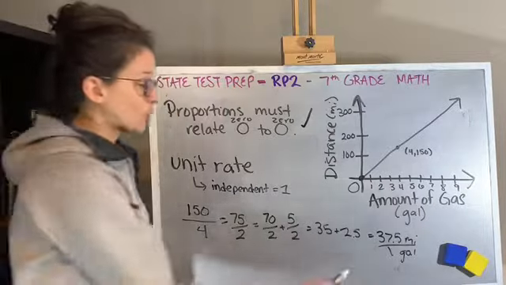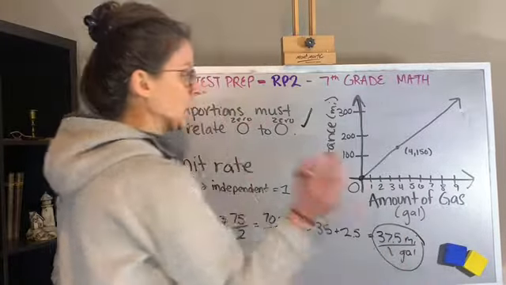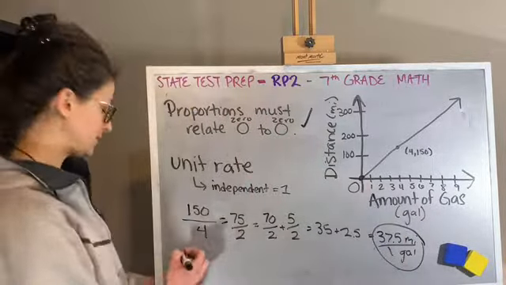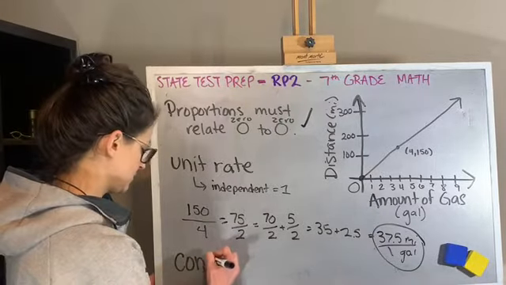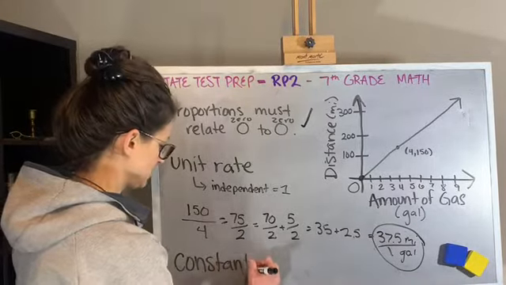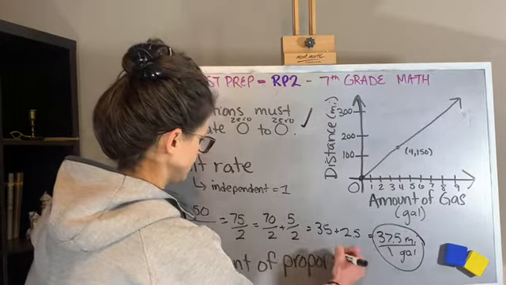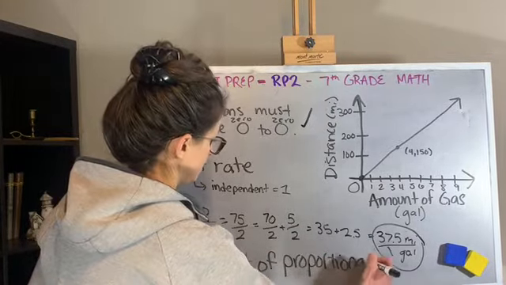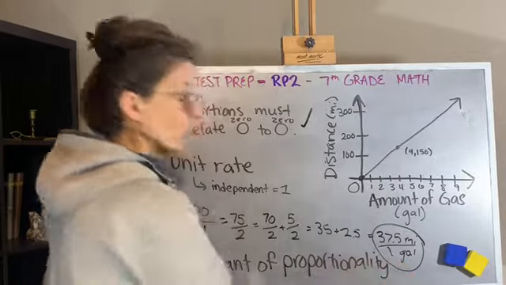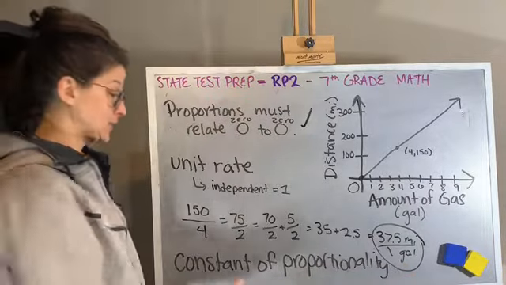This is also called the constant of proportionality. Or the constant of variation.